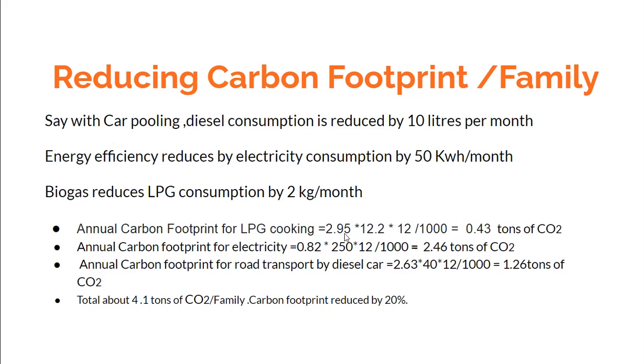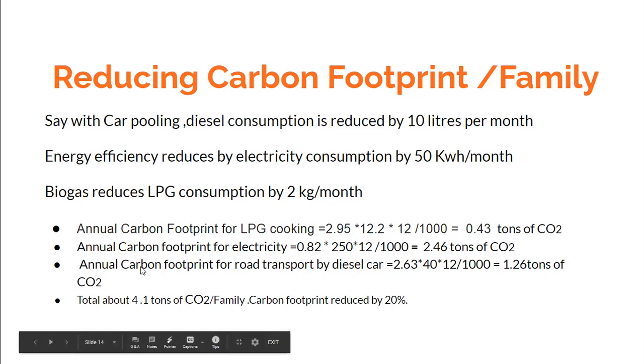Earlier, the electricity consumption was 300 units, now it is 250. So using the same calculations, the carbon footprint generated from electricity has reduced to 2.46 tons. Same applies to the transport by diesel car. The family has managed to bring down the consumption of diesel to 40, and that significantly reduces the carbon footprint from travel.